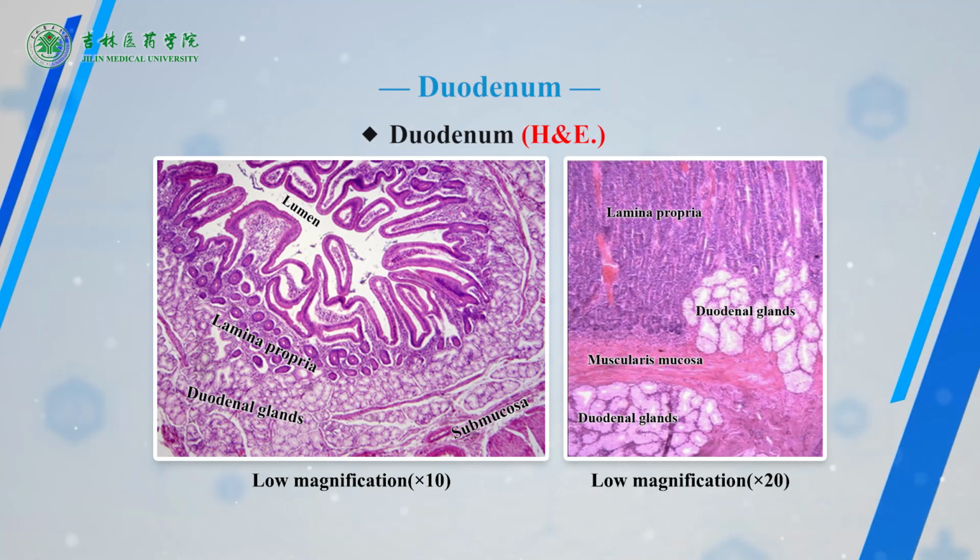On the left slide, the round structure with a central hole is the transverse section of the intestinal gland. A thin, smooth muscle layer outside the lamina propria is muscularis mucosa.